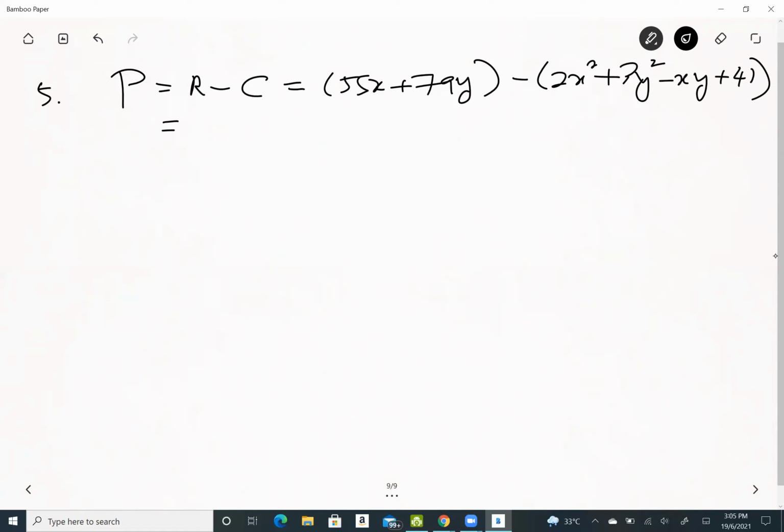So what you will get will be, I just break out the bracket, 55x plus 79y minus 2x squared minus 3y squared plus xy minus 41.